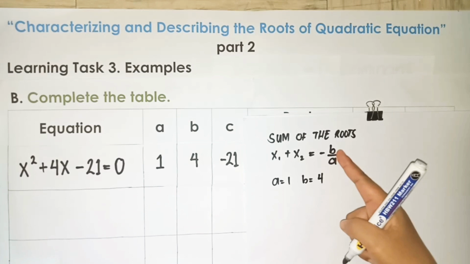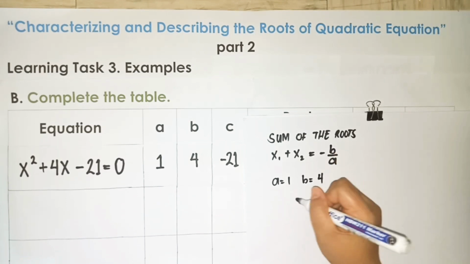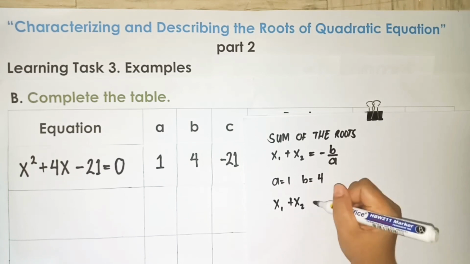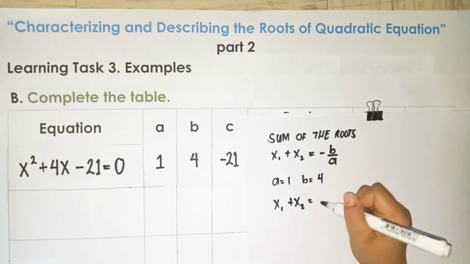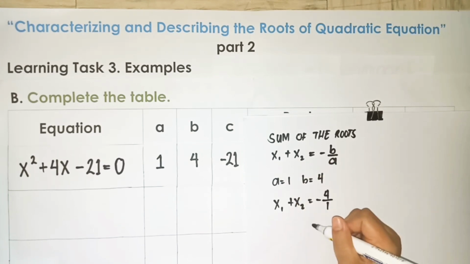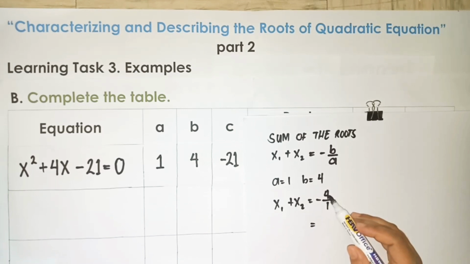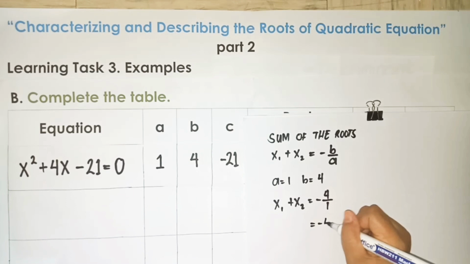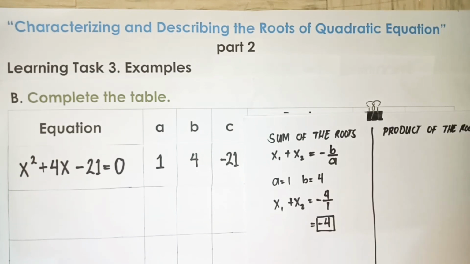So, by using negative b over a, we have x sub 1 plus x sub 2 equals negative b, which is 4, and a is 1. So, we have negative 4 divided by 1 is negative 4. The sum is equal to negative 4.